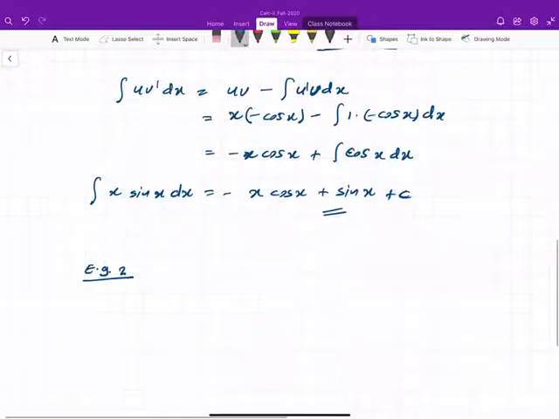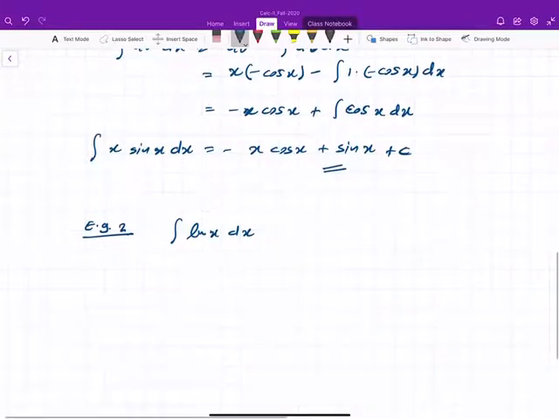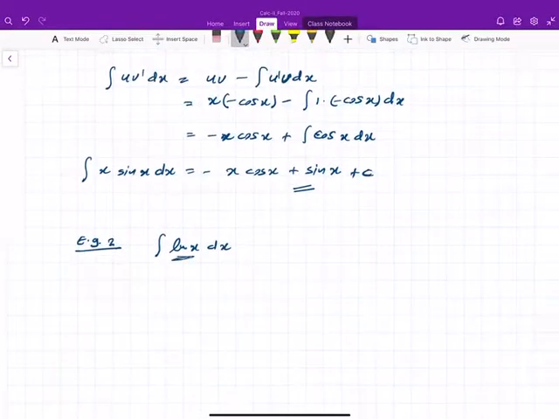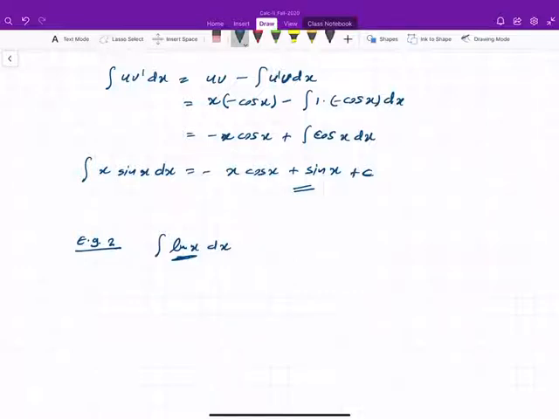In example number 2, we're going to integrate ln x. Now you have to find two functions. You have two functions in this integrand, but you see only one function, which is ln x. So what do you do now?